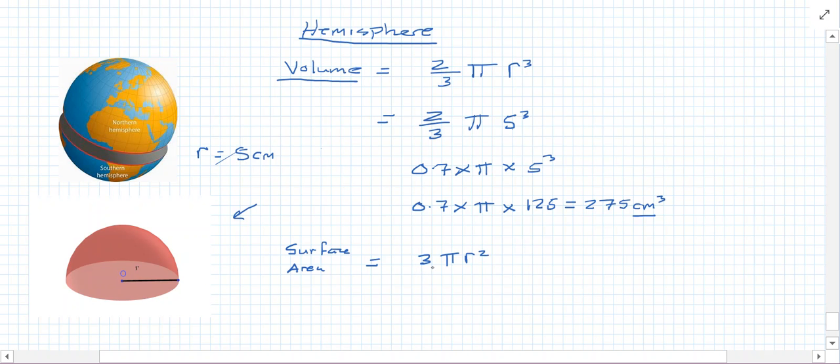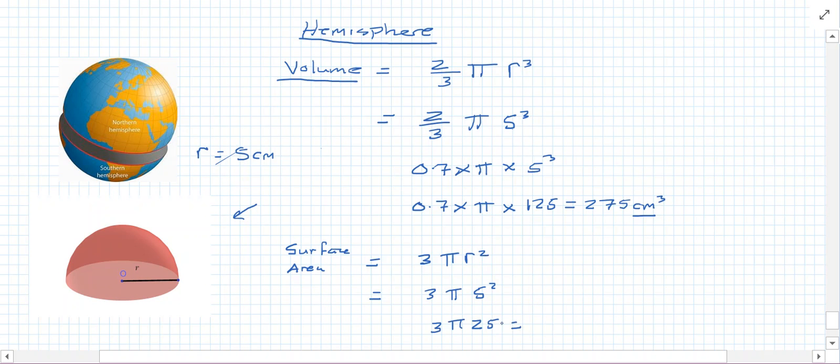So again, we just put in what we have. It's going to be equal to 3 times pi times the radius, 5, squared. 5 squared is 25, so that's 25 times pi times 3.